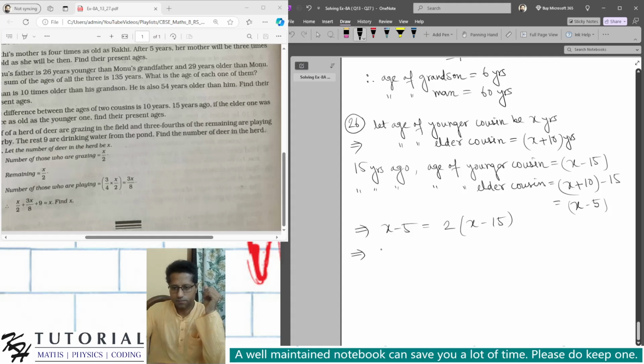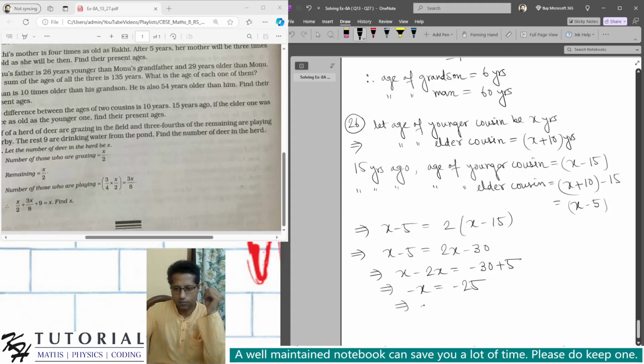We can easily find x. So this implies x minus 5 is equal to 2x minus 30. This implies x minus 2x is equal to minus 30 plus 5. This implies minus x is equal to minus 25.